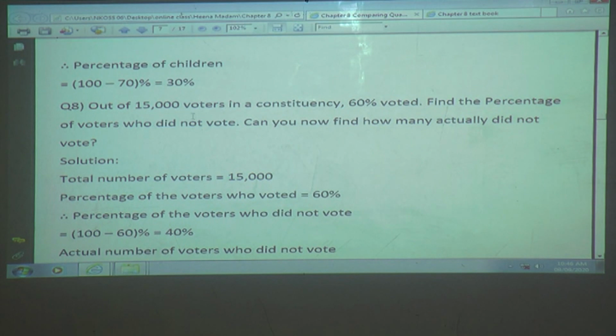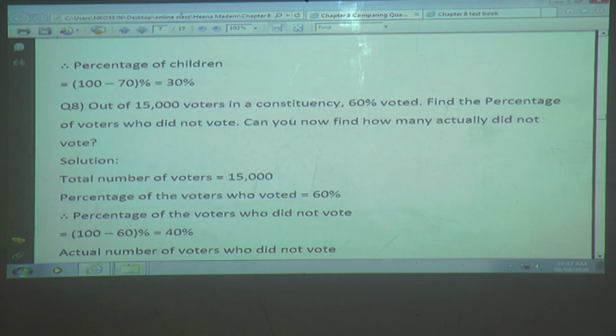Out of 15,000 voters in a constituency, 60% voted. Out of 15,000, 60% voting is done. Find the percent of voters who did not vote. We have to find the number of voters who have not voted in the elections of the constituency.